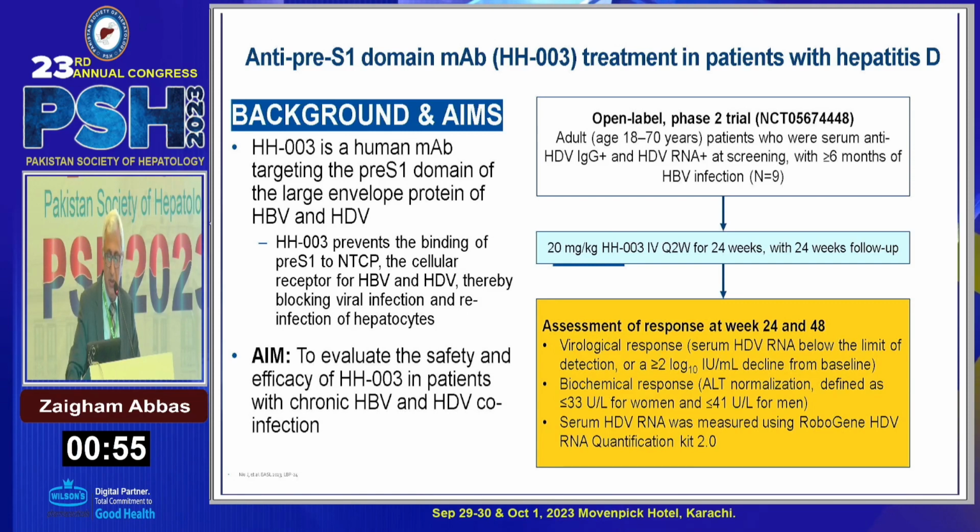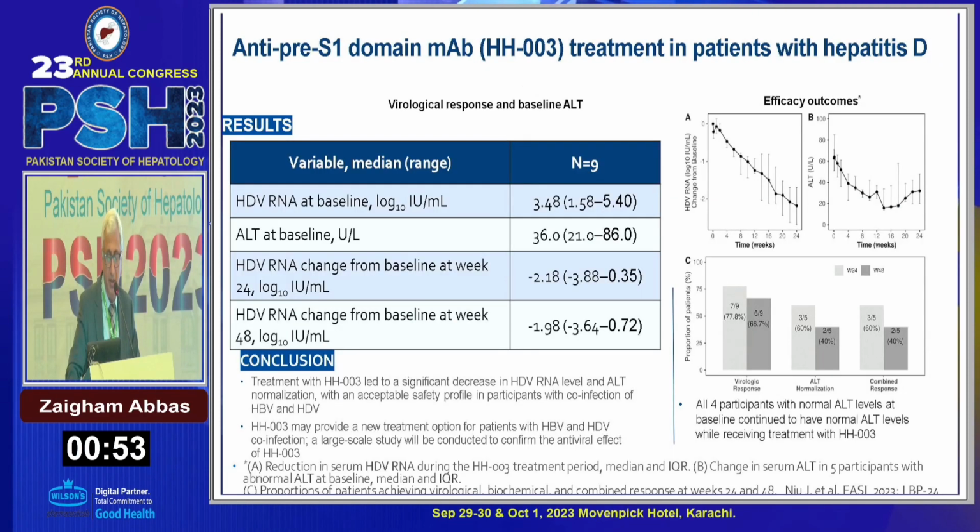So this is a small study, which shows that in these patients there was much decline in surface antigen and HDV RNA levels. So the next step of studies would be carried out soon, and our center has also been selected for this next phase 2 study.